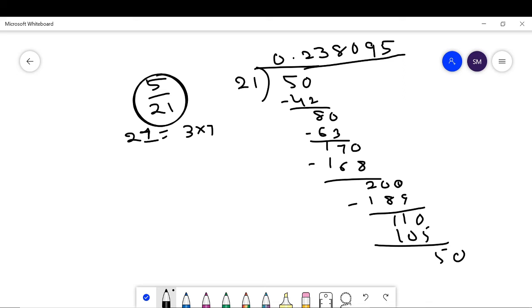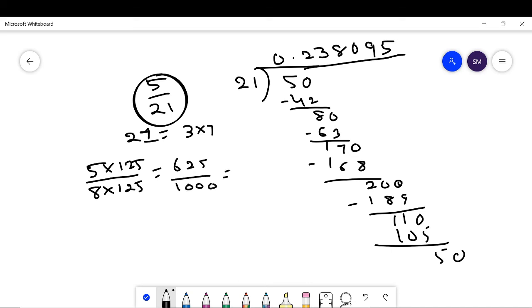Suppose 5 upon 8. Convert it into decimal. Which number should be multiplied to make the denominator like 10, 100, 1000? This should be multiplied by 125. We get 625 upon 1000.